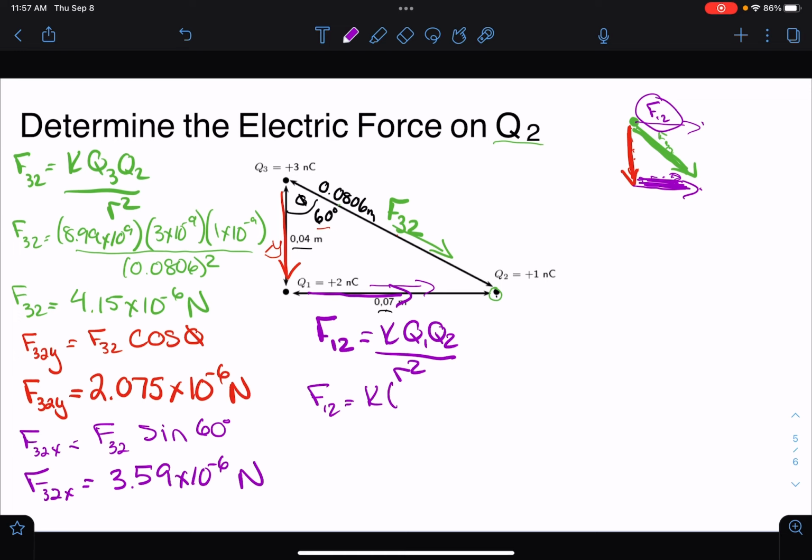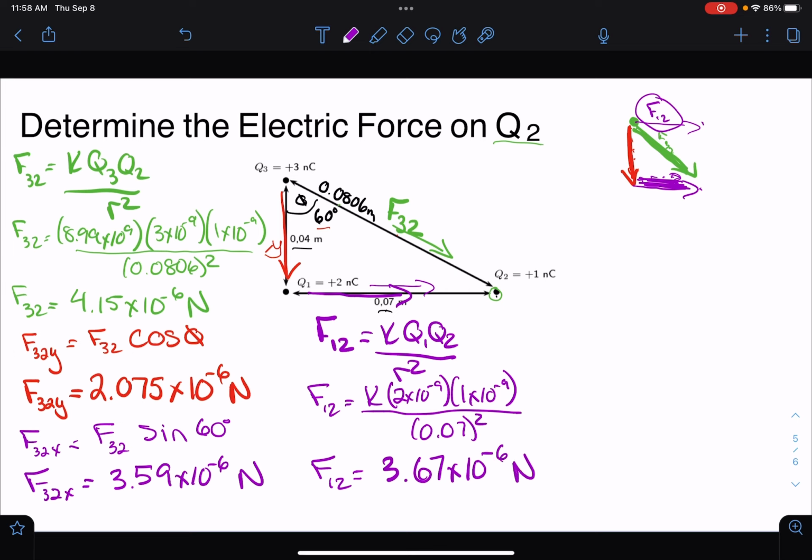Our q1 is 2 times 10 to the negative 9 multiplied by 1 times 10 to the negative 9 divided by our 0.07 squared, and we actually did this in the last problem too. I've just lost my place. There it is, I found it. 3.67 times 10 to the negative 6. Sorry about that, got a lot of numbers here.